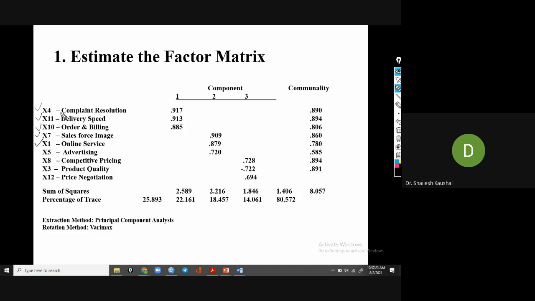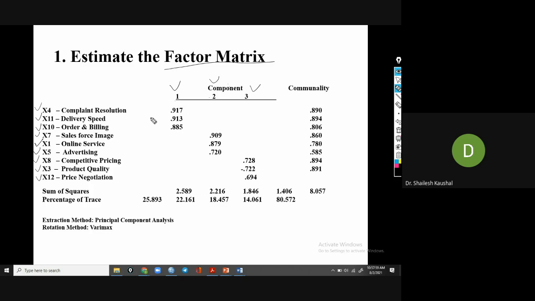We have taken 14 questions, and out of the 14, we obtained 9 variables here. So it's a factor matrix. These are component 1, component 2, component 3. We can say factor, component, dimension, construct, all are the same thing.